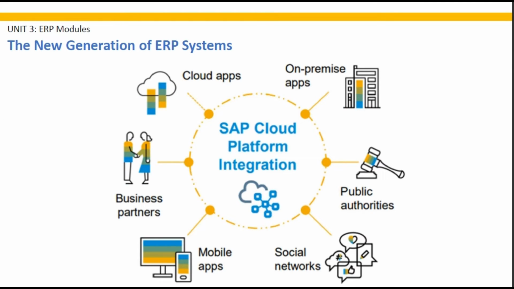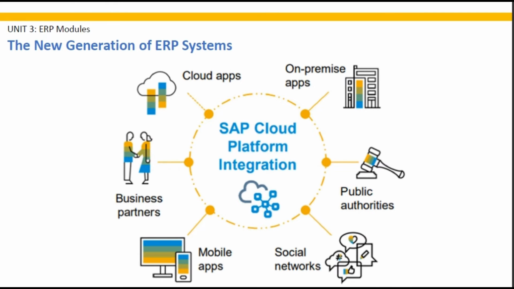The new generation of ERP systems is based on the cloud platform, and when it comes to SAP specifically, we have the cloud platform integration, which enables us to integrate all the various latest technologies that we have, like cloud applications, mobile applications, social networks, public authorities, and business partners.